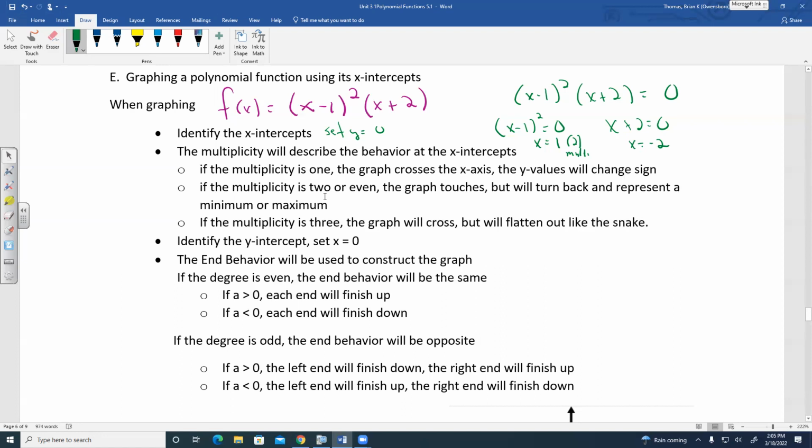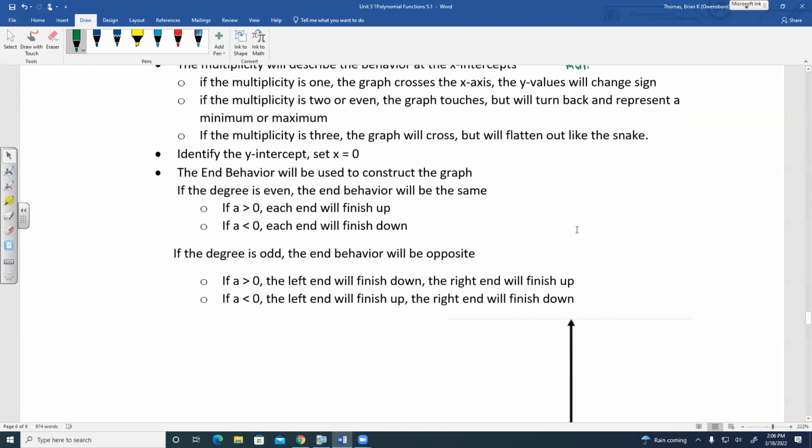If the multiplicity is 2 or even, so if the multiplicity is 2 or 4 or 6, the graph is going to touch the x-intercept, but what it's going to do is turn back, and it's either going to look like a minimum or a maximum depending on which way it was coming towards the x-intercept. If the multiplicity is 3, the graph is going to cross, but it's going to kind of flatten out like a snake. So keep that in mind with the multiplicity of 3. That's going to go with 3 or 5 or 7 as well.